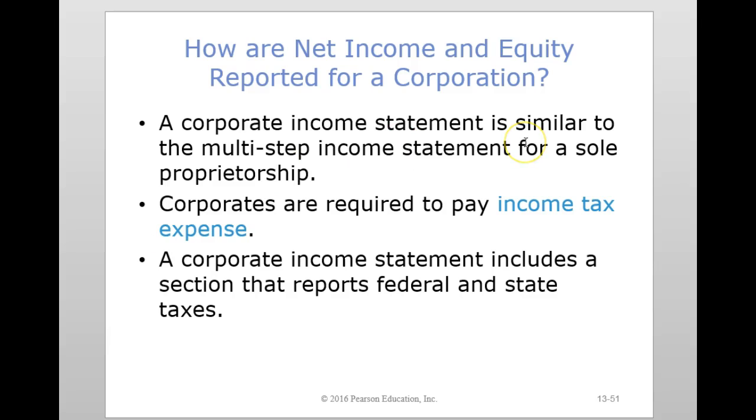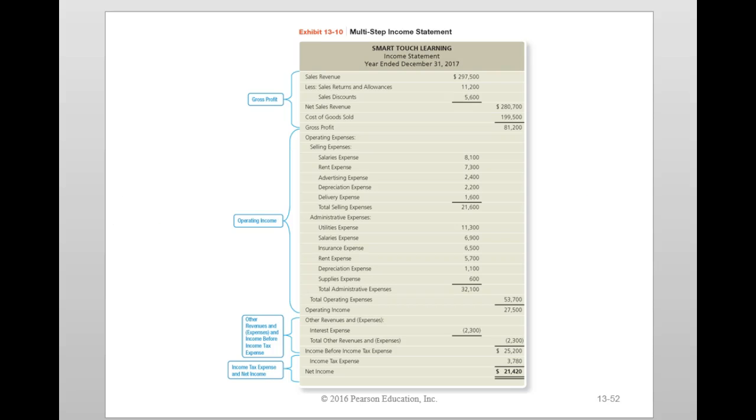So a corporation's income statement is similar to a multi-step income statement for a sole proprietor, except it has an income tax expense, because sole proprietorships and partnerships don't have to pay an income tax. It also includes a section for both federal and state. Kind of looks like this.